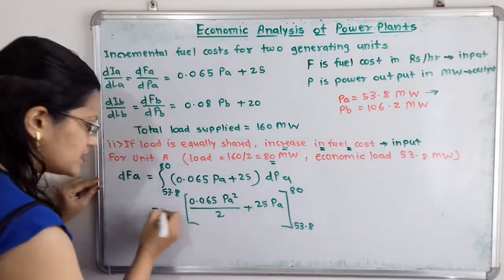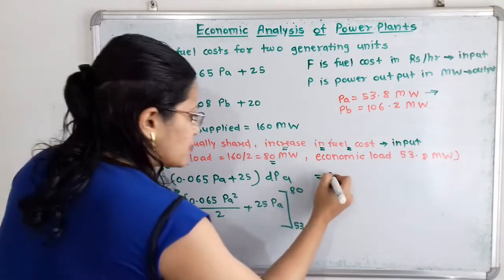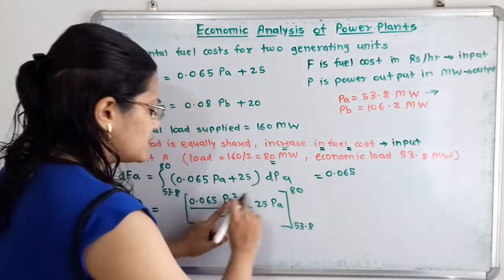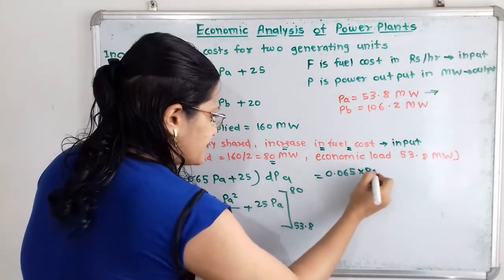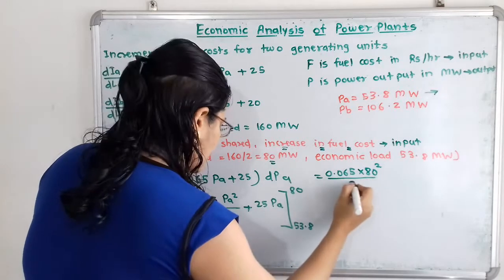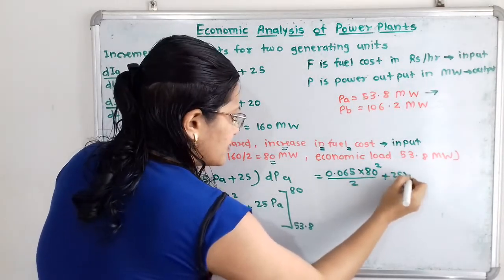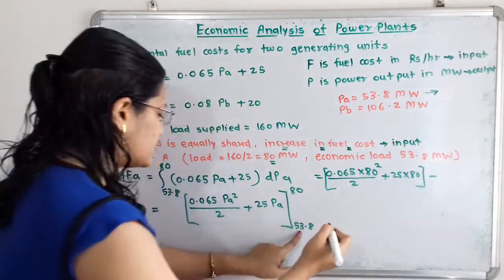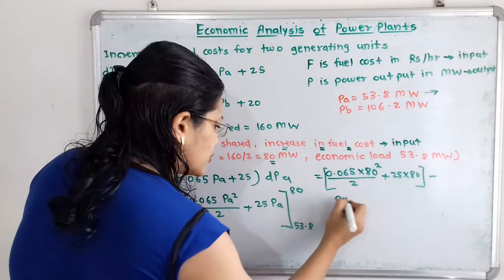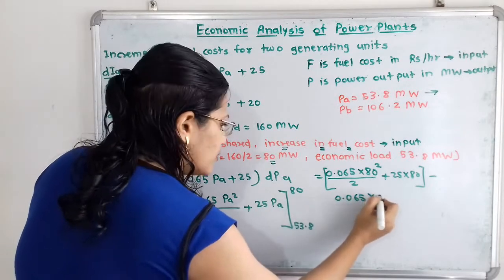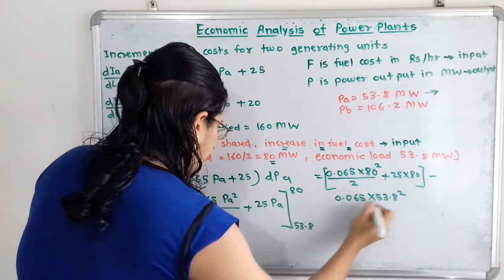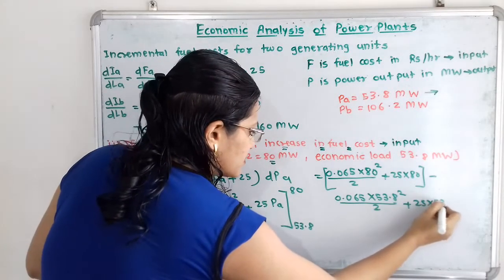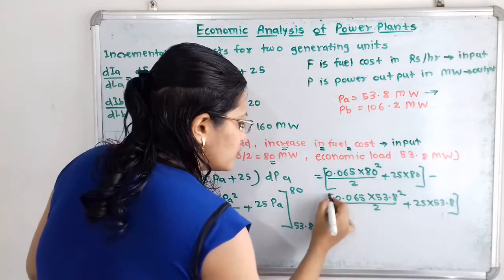Therefore, which is equal to, I will solve here 0.065 PA square, so PA square means 80 square divided by 2 plus 25 into 80, minus 0.065 into 53.8 square divided by 2 plus 25 into 53.8. Now we have to solve this.